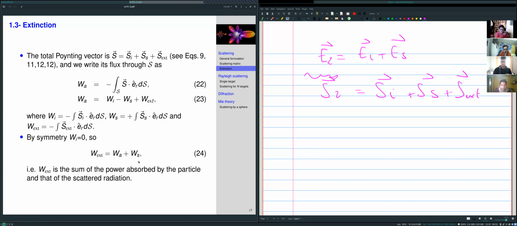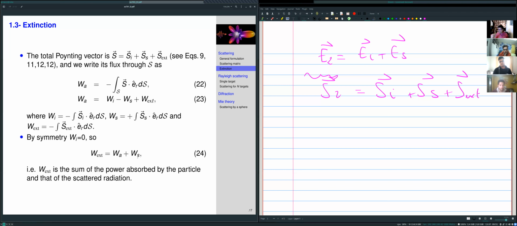So do you see why this is so important and sensitive? We can easily picture the flux of the scattered component through the sphere, and that's non-zero. We see also the flux of the incident fields, and that's zero.